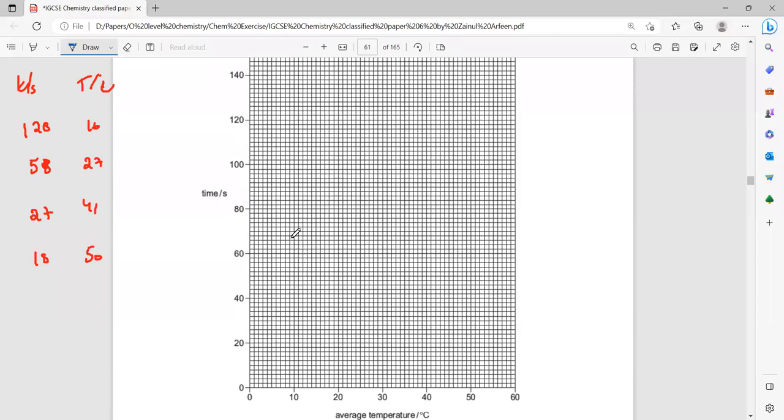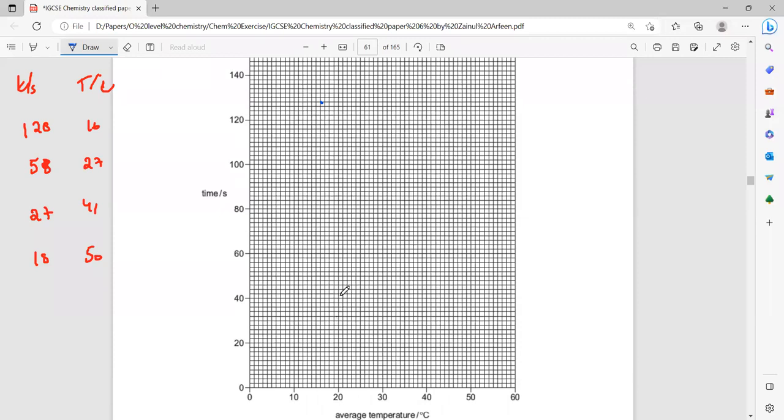So first I'll move from 10: 12, 2, 4, 6, 8, 128, and then 1, 2, 3, 4, 5, 6. So this will be 16 and 128. And then 58 and 27.